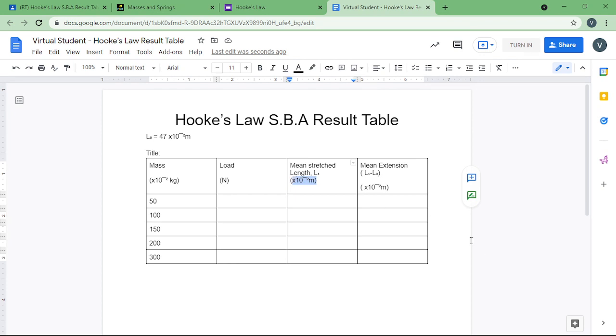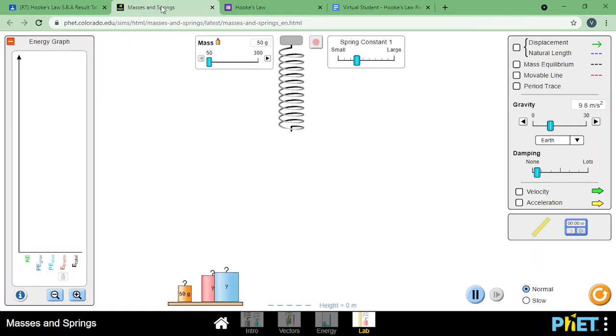Now, so we know that would have been in millimeters, but if you notice here, the reading is in centimeters. All right, the reading is in centimeters.